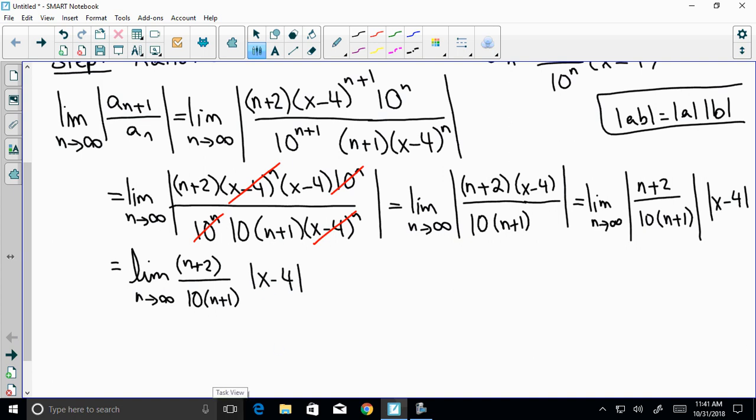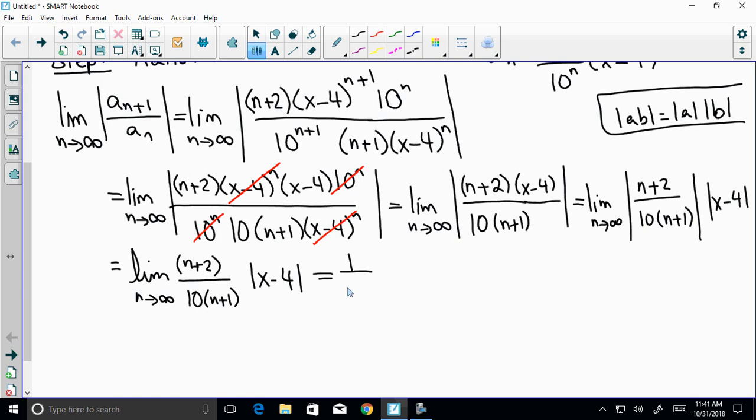Now I take the limit of n plus 2 over 10 n plus 1. And what is that limit going to be? 1 over 10. Why is it 1 over 10? You've got the same degree. The degree of n here is 1, the degree of n here is 1. So you take the leading coefficient of n in the numerator, which is 1, over the leading coefficient of n in the denominator, which is 10.